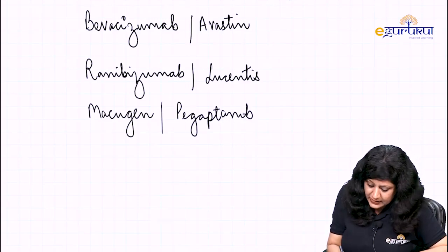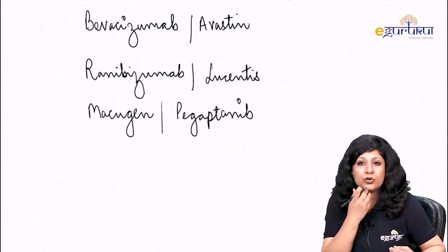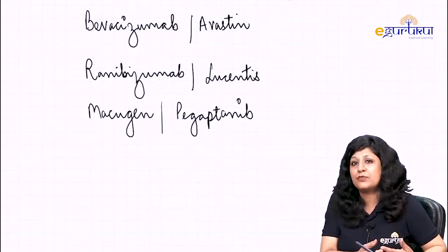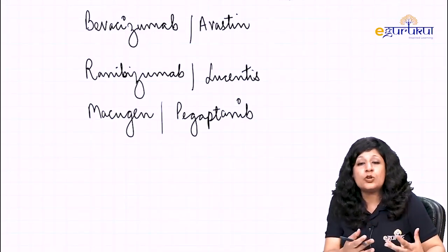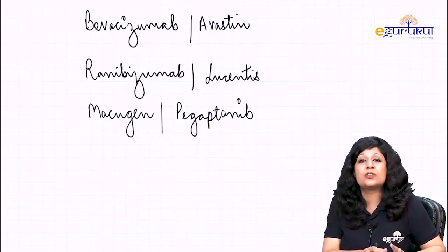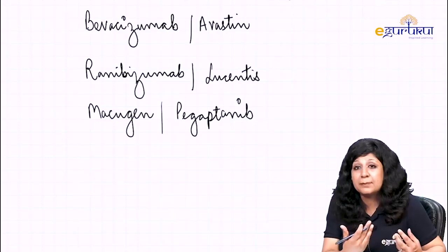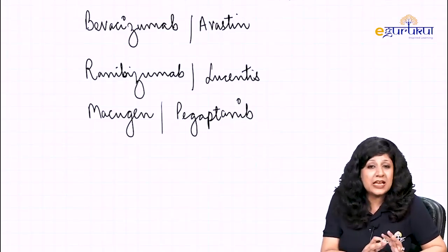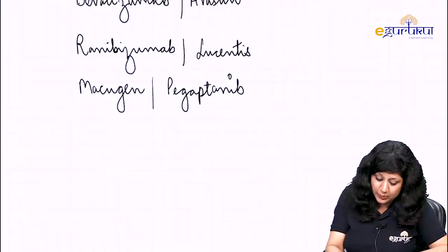So these are the different anti-VEGF agents, and I must say they are creating a revolution in the treatment of diabetic retinopathy, because by giving them you are not only arresting the neovascularization, you are also preventing it, and you are also arresting the bleeding from this. So this is again a very important thing in the treatment of diabetic retinopathy.